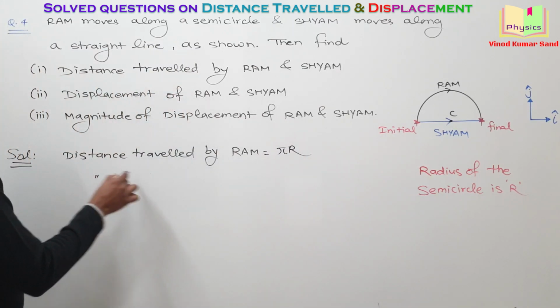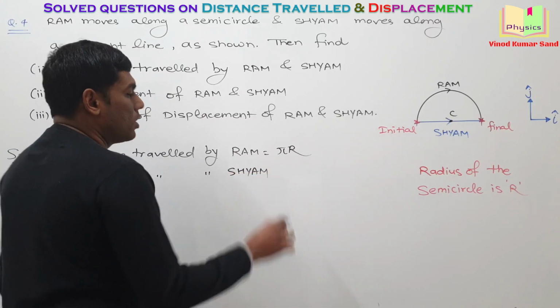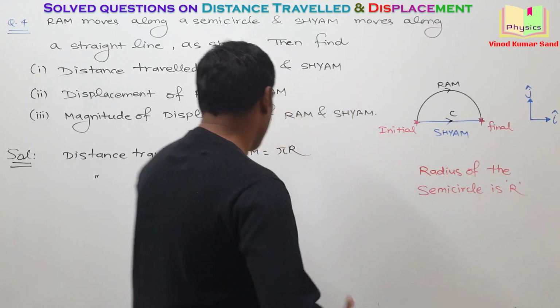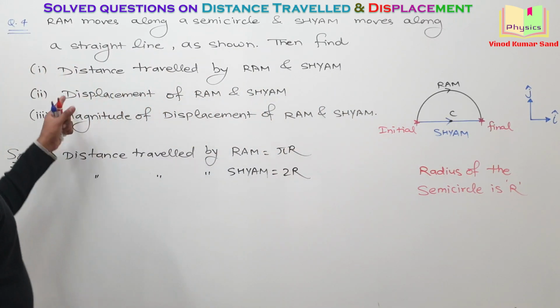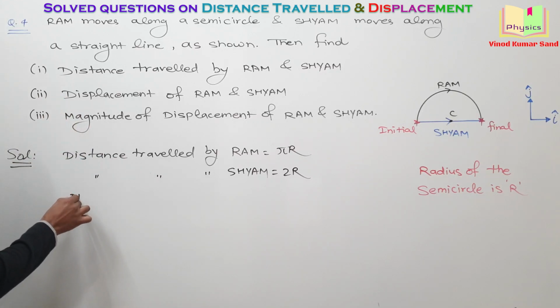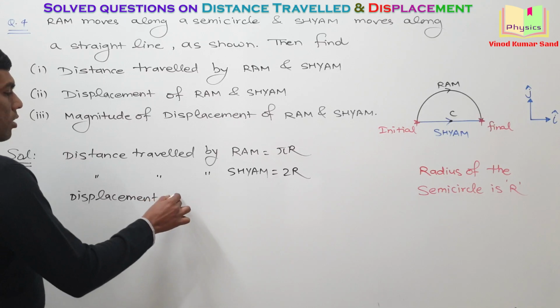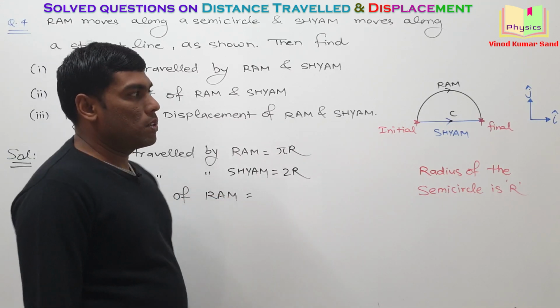Next is the distance traveled by Shyam. Shyam is moving over this straight line and length of that straight line will be 2r. Next part is the displacement of Ram. Can you answer?